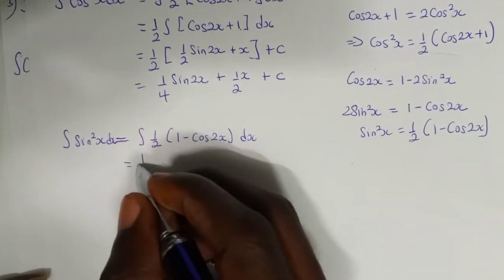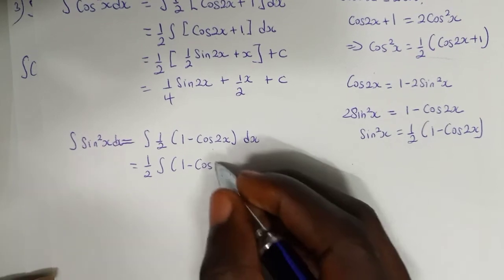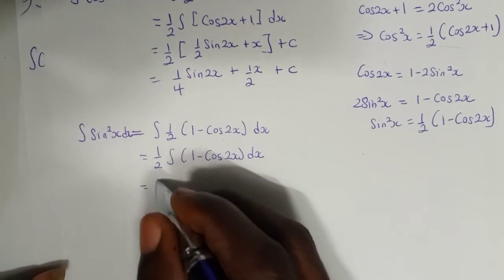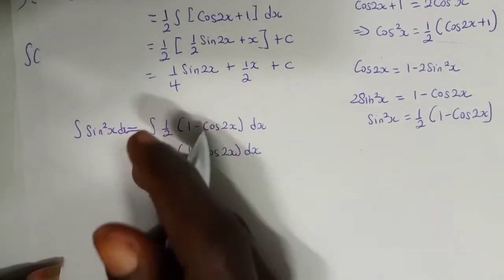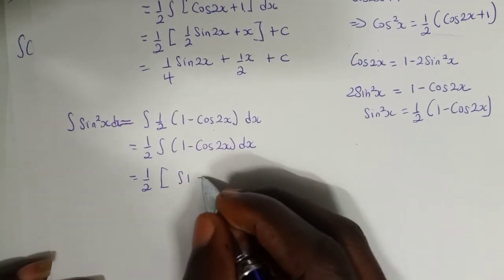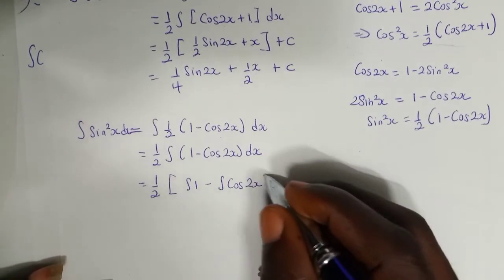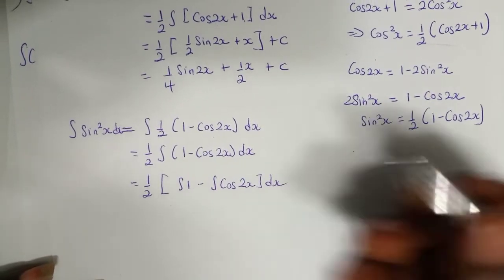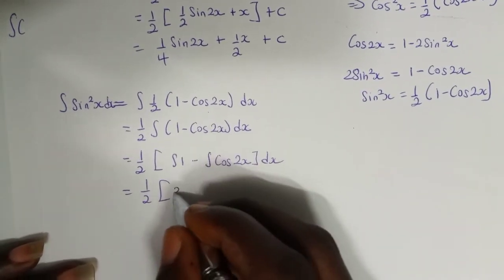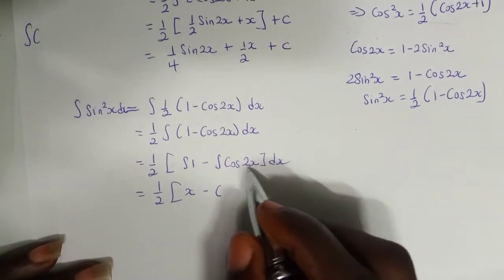So we are going to get 1 out of 2 integral of 1 minus cos 2x dx. So we have our 1 out of 2 integral of 1 minus integral of cos 2x dx. So we're going to get 1 out of 2 into bracket integral of 1 is x minus into bracket integral of cos 2x.